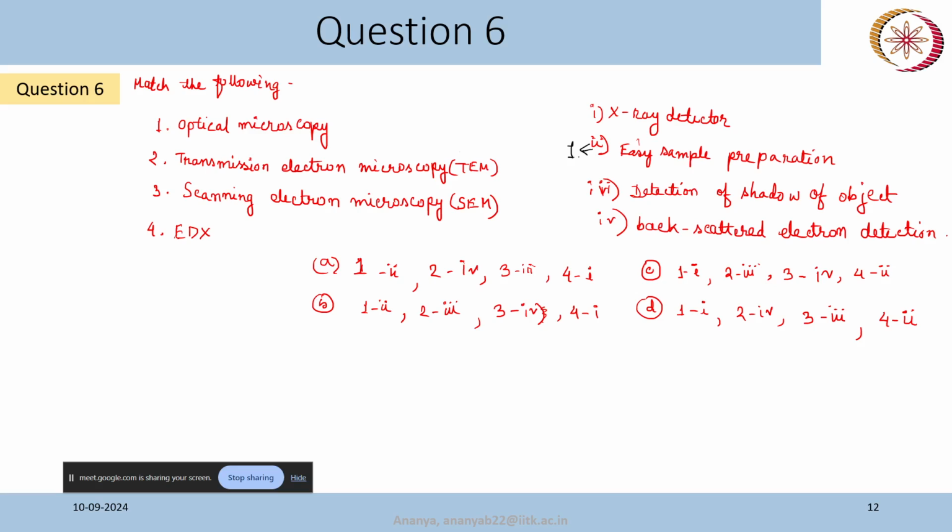But what you can get in case of TEM is the detection of shadow of object. So if you have a sample like this, and say there are some nanoparticles like this.